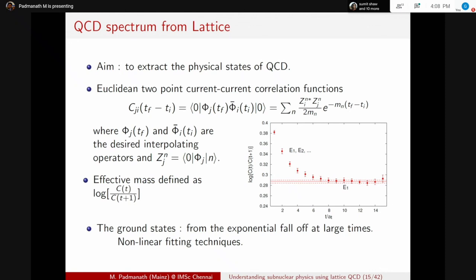So what I mean is that the i and j indices run over various of these operators. Since all of these have the same quantum numbers, these interpolating currents will give you information about the physical states as a linear combination, which is a more sensible procedure.